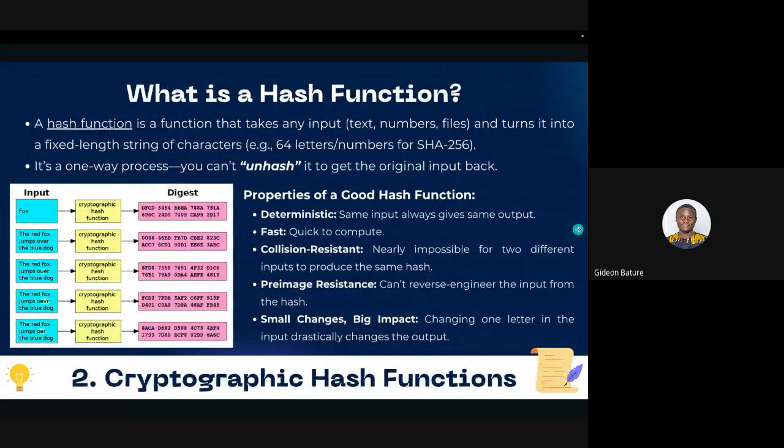All right. So now let's look at cryptographic hash functions. Who can help us? What is a function? I believe almost everybody has an idea of what a function is before we bridge everything together. So what is a function, if I may ask? A function is an expression.